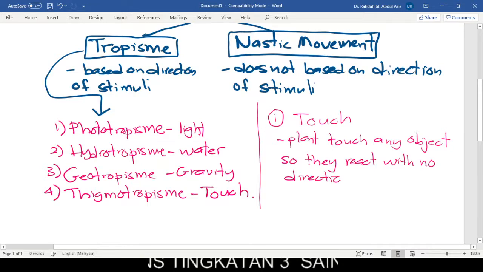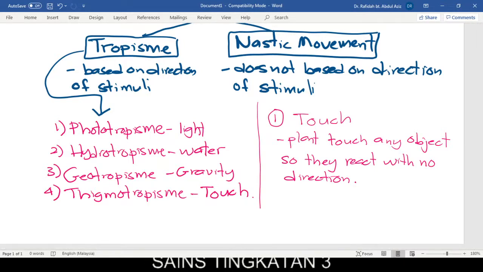Okay, so that is the definition and also the classification for two types of responses in plant.